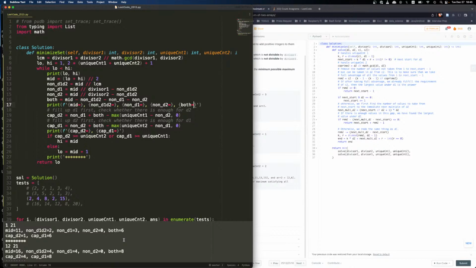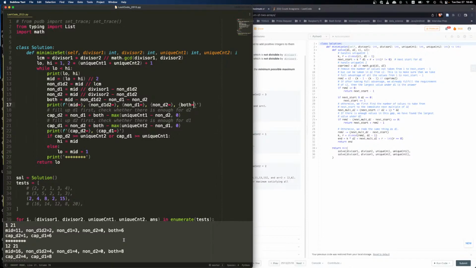So 4 and 8, these are just, they cannot do, right? And then non D1, we have 3 of them, so basically that's 2, 6, and 10. Non D2 is nothing. So the ones that can have both are 1, 3, 5, 7, 9, 11. 1, 2, 3, 4, 5, 6.